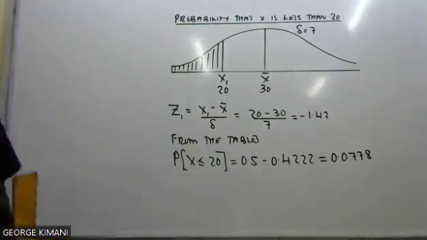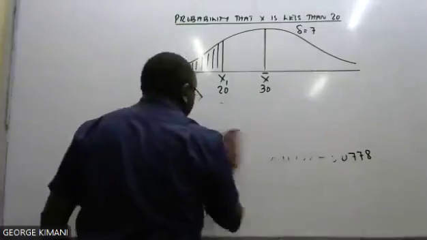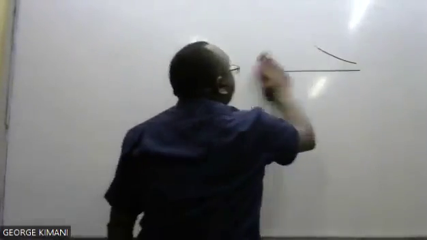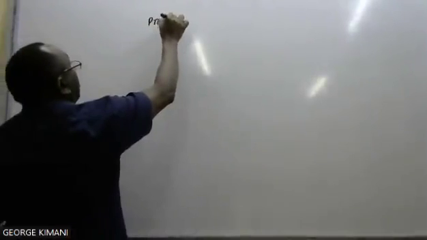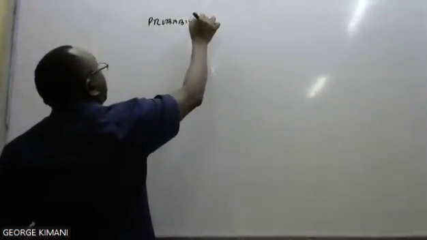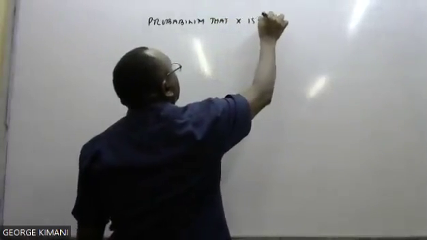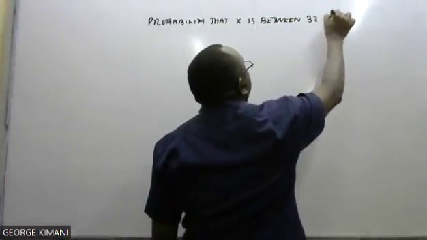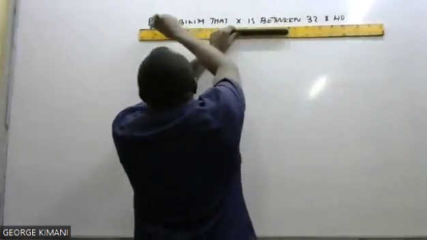Okay. The next: the probability that X is between 23 and 40. Probability that X is between 23 and 40.